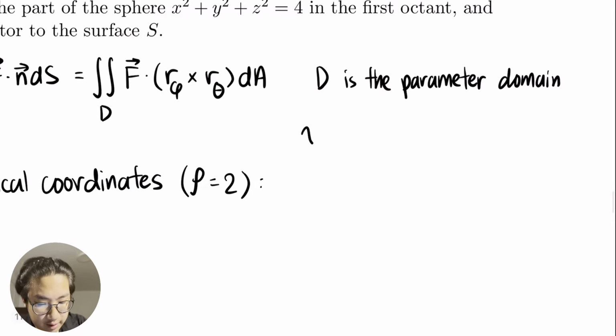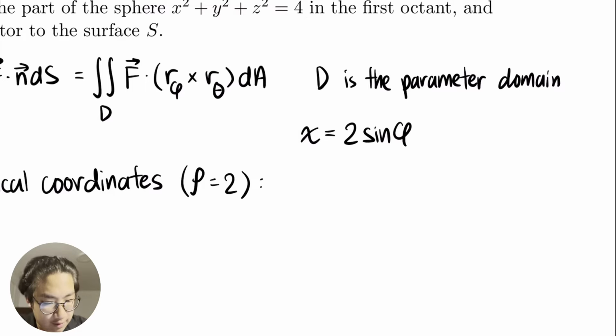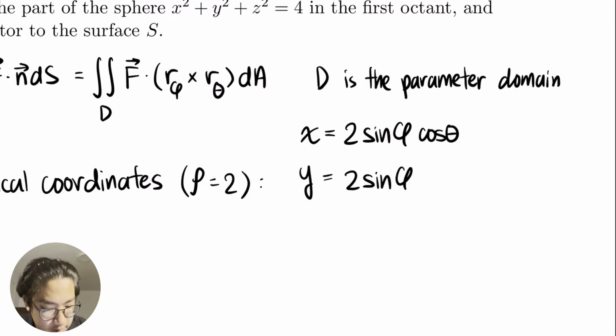So now we have x is usually equal to rho sine phi cos theta, but in this case rho is fixed to be 2, so we then have x equals 2 sine phi cos theta. Y is equal to the same, so 2 sine phi sine theta.